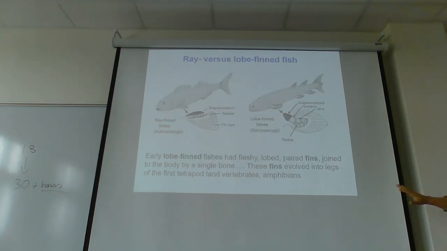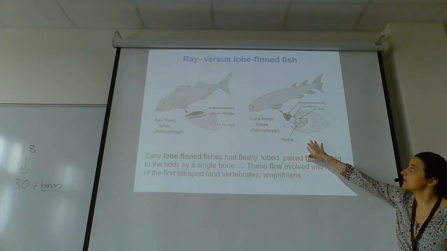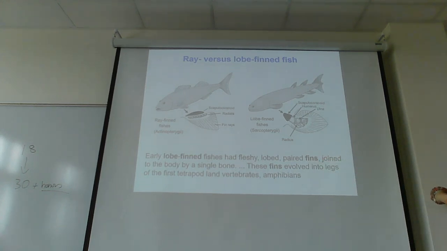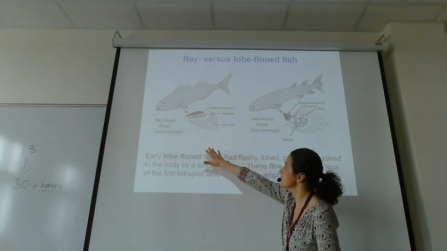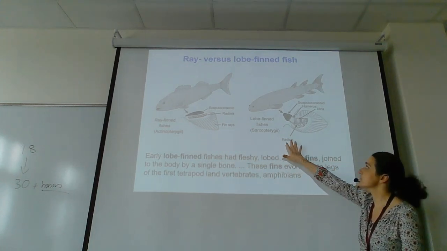Okay? So this is the fin ray, and this is the lobe fin. Okay. So this is a ray fin fish, with the fin rays, and this is a lobe fin fish.